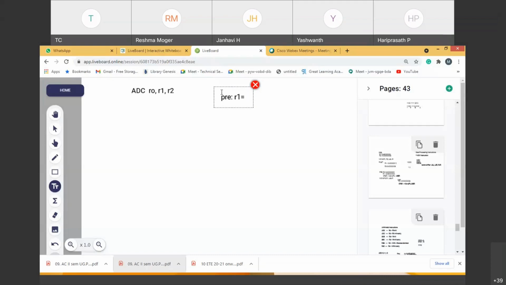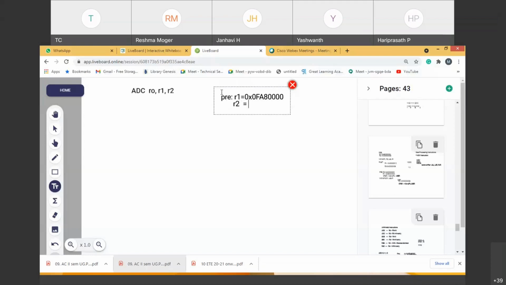So R1 content, let's say 0x 0FA8. Okay, same set of values. And what about R2? The same values if I keep.